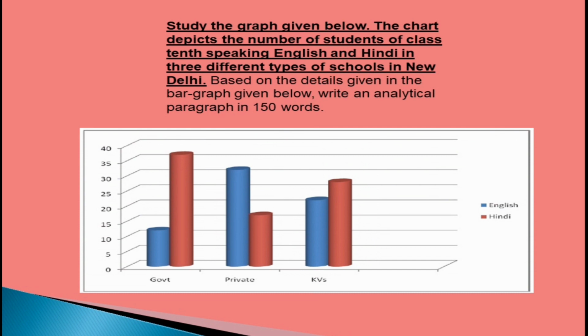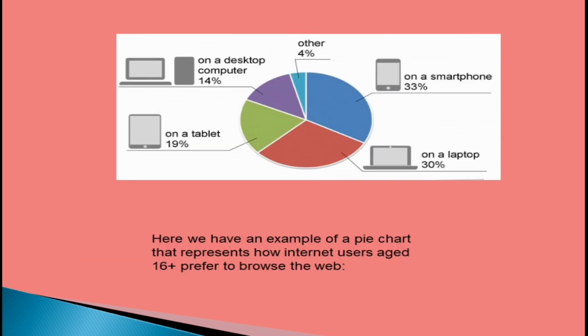Next, I have prepared another example for you. The writing style of these 2 is very common, but the things are different. Number 2, sample question. Here we have an example of a pie chart that represents how internet users aged 16 plus prefer to browse the web.